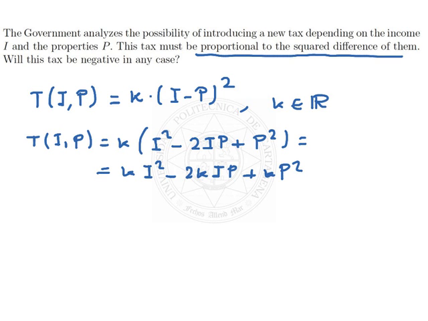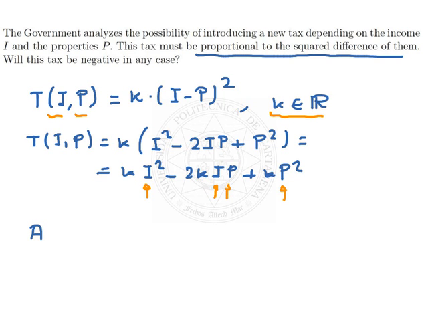To identify this expression, you must bear in mind that k is a parameter and the variables are I and P. So I have here a 2-degree term. Here there is another 2-degree term, and here another one. So t is a quadratic form.